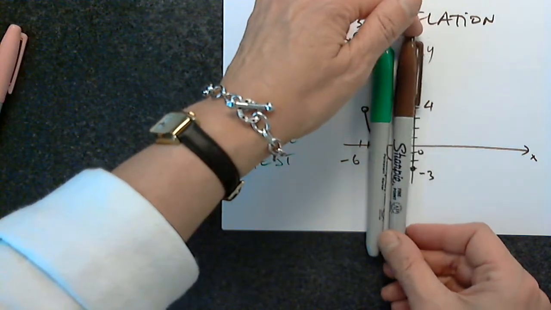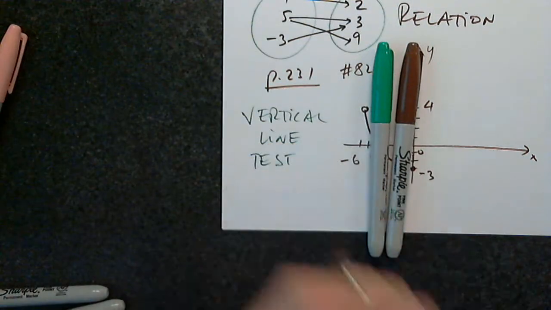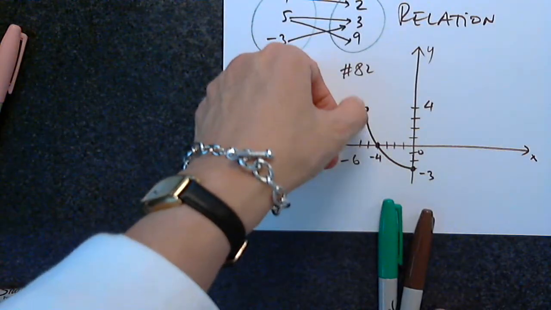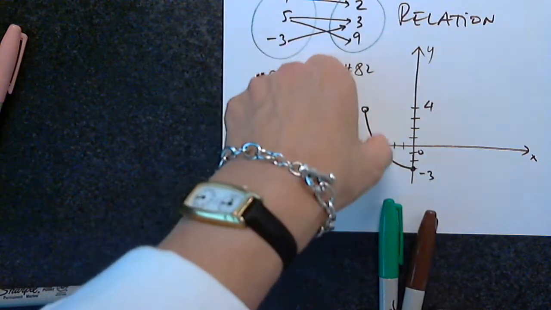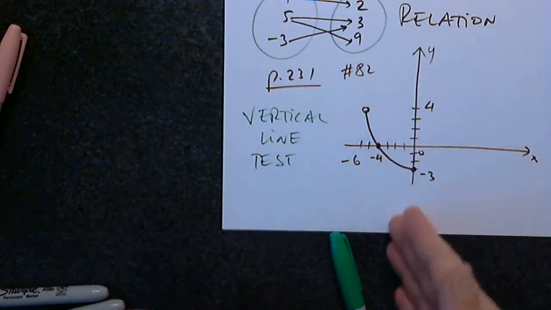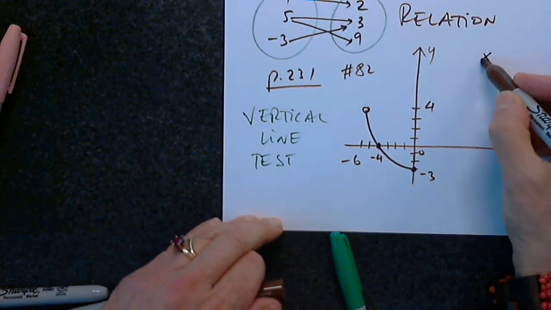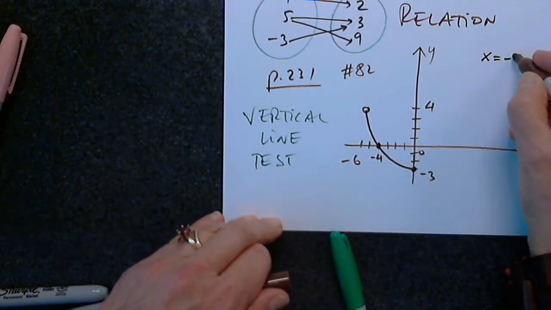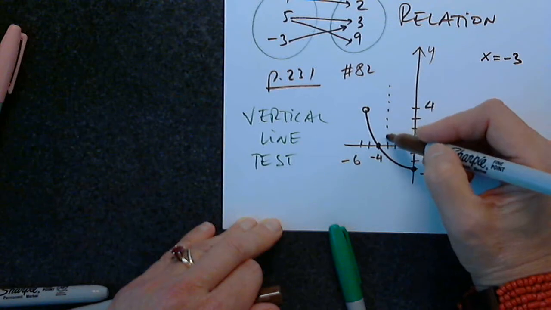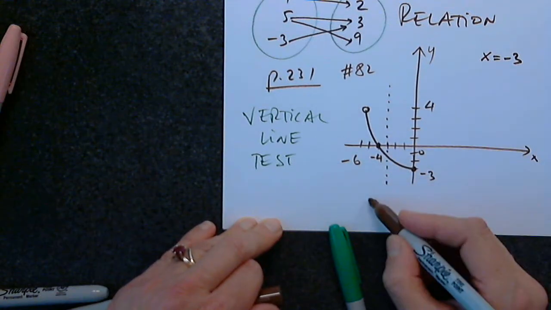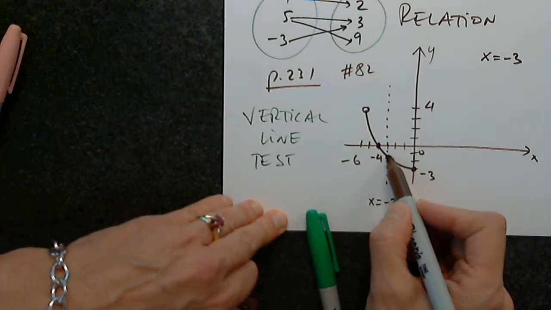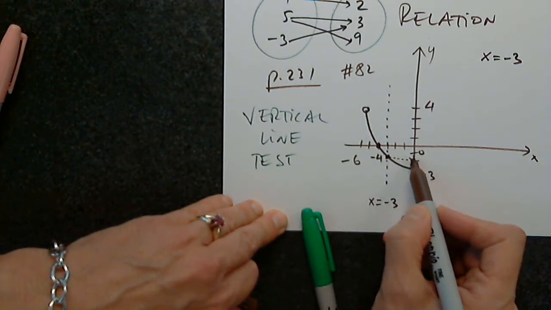If I draw vertical lines anywhere I want between these values, I see that every vertical line, in other words, for any x, let's say x equals -3, I will find only one y value.